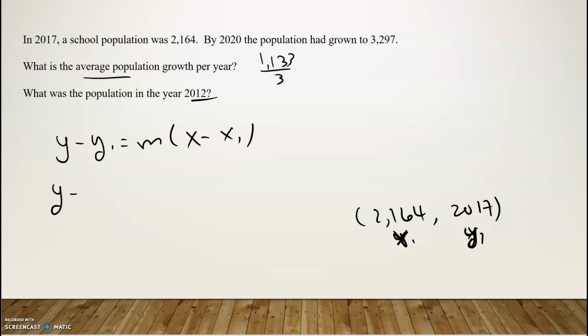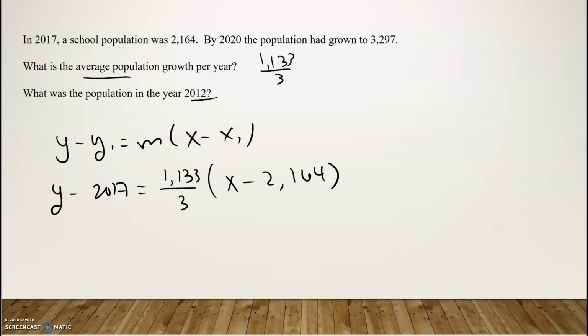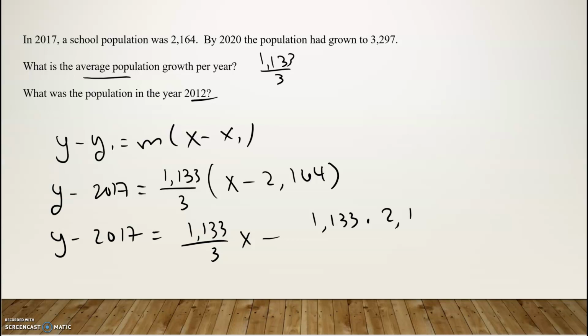So that's y minus 2017 is equal to 1,133 over 3 times x minus 2,164. Okay, so then we have y minus 2017 is equal to this times x minus 1,133 times 2,164 all over 3.